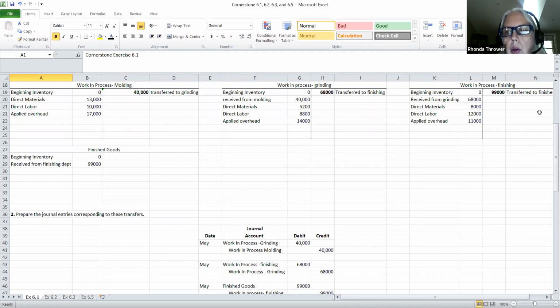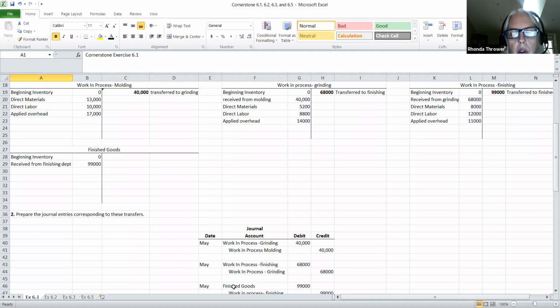And then we're going to transfer the work that we finished in the finishing department to finished goods inventory. So we're going to reduce the work in process finishing department. In other words, we're going to credit that, and we're going to debit the finished goods account.